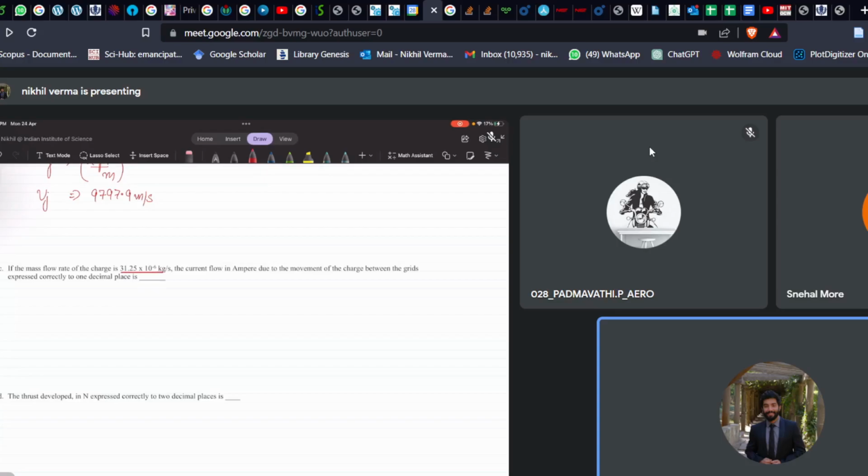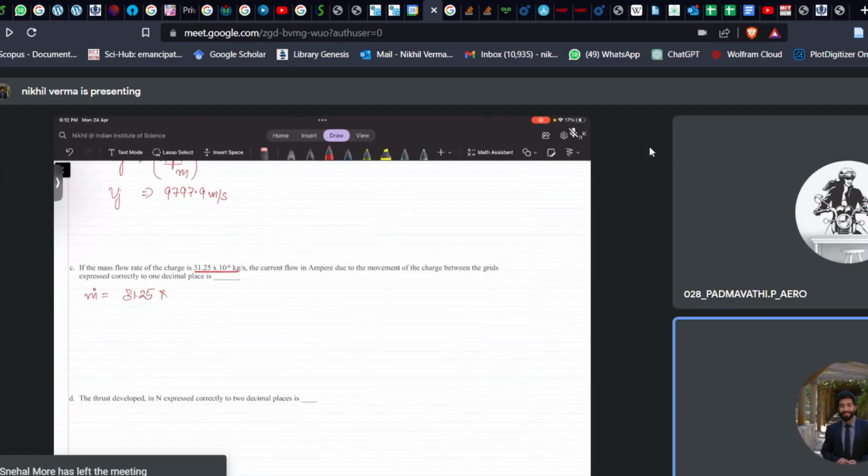The next part is the mass flow rate, which is given as 31.25 into 10 to the power minus 6 kgs per second. We have to find what is the current that will be flowing inside the grid.